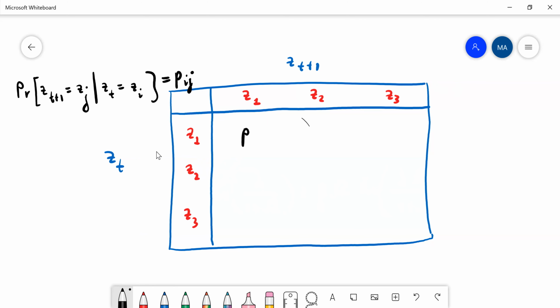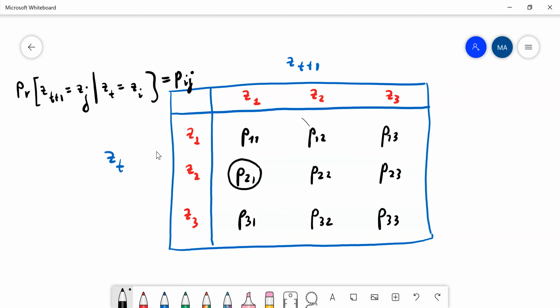So you have P11 here, P12 here, P13 here. You have P21, P22, P23, and you have P31, P32, P33. So look at this, for instance. This is the probability that if you are at Z2 today, you're going to be at Z1 tomorrow. So the second row, first column.